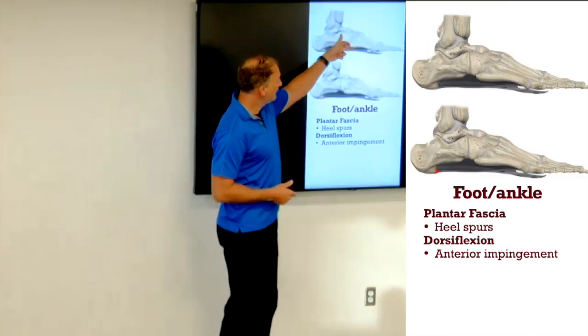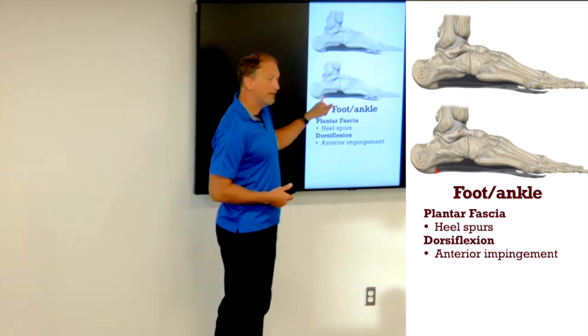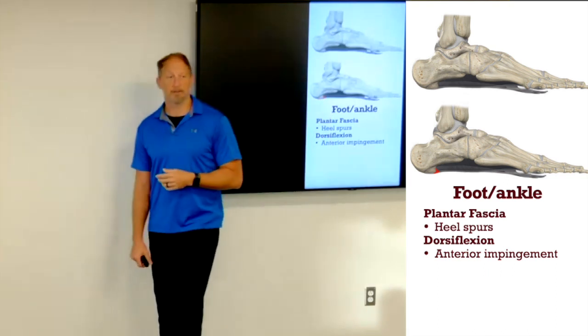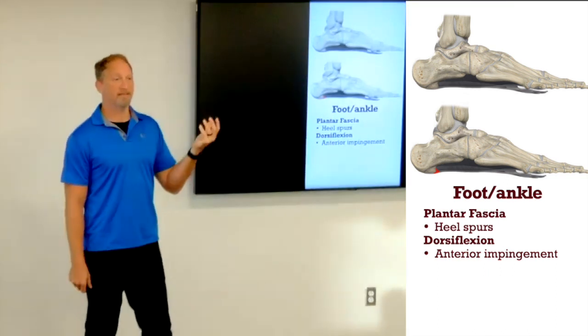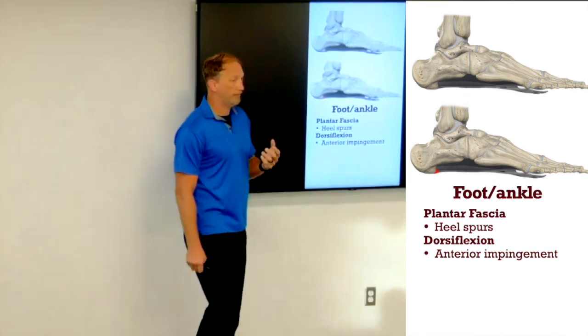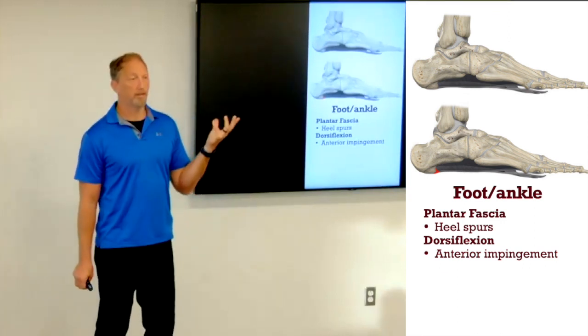You get this constant anterior tension, and the body does what the body does. The calcaneus does what the calcaneus does. It's got stress. How does bone address stress? It lays down more bone to get stronger. Bone, based off of, if you guys remember Davis's law, Wolff's law.